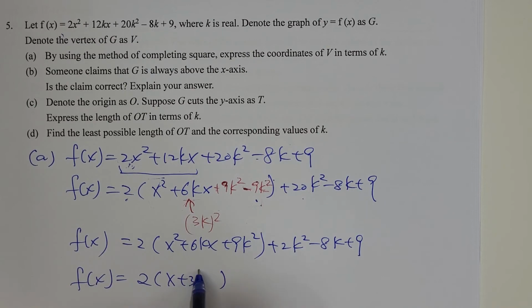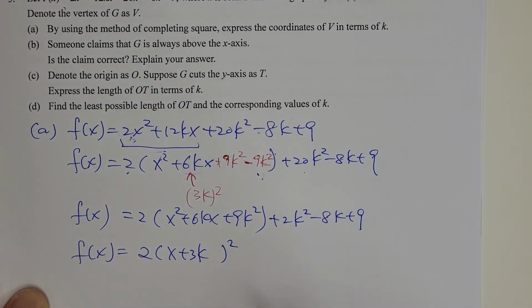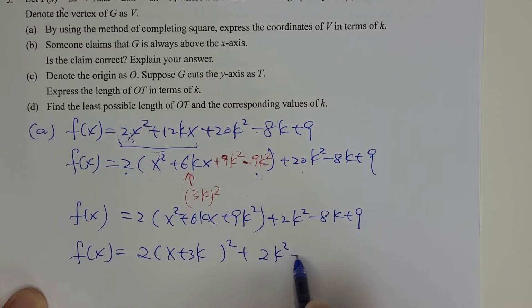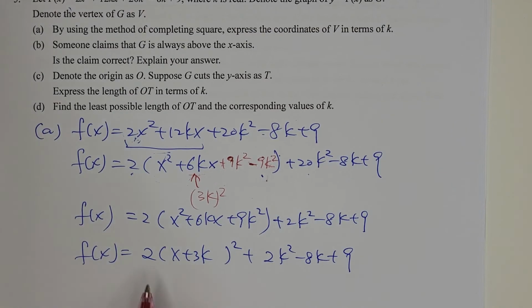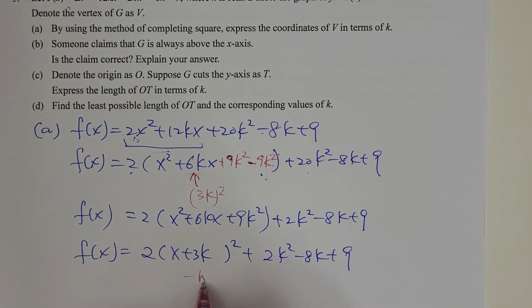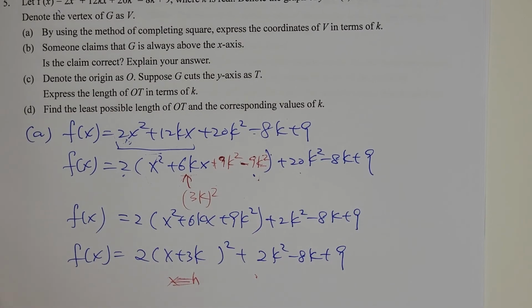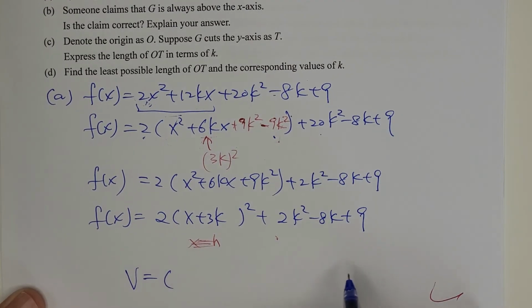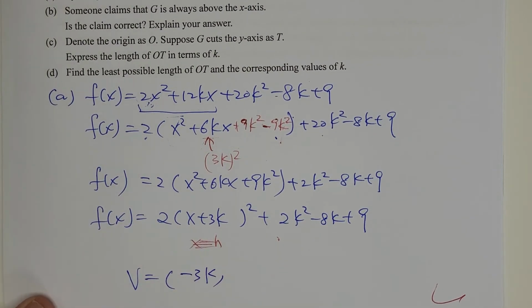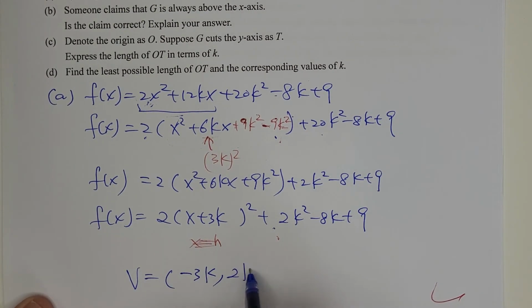So 2 times (x plus 3k) all squared, and then plus 2k squared minus 8k plus 9. So that is the format of a(x minus h) squared plus q, something like that, okay? So the vertex V can be written as, in here you see x plus 3k. So the x coordinate of the vertex will be negative 3k. And the y coordinate will be, just copy the numbers behind, 2k squared minus 8k plus 9.